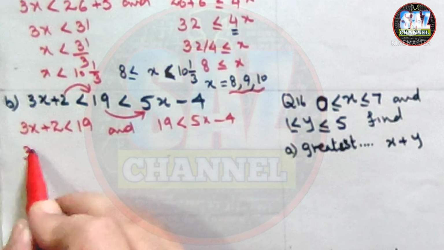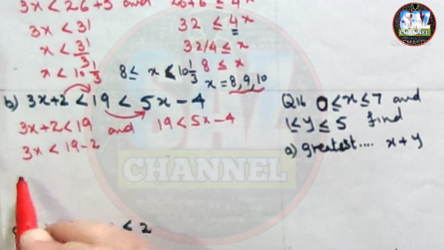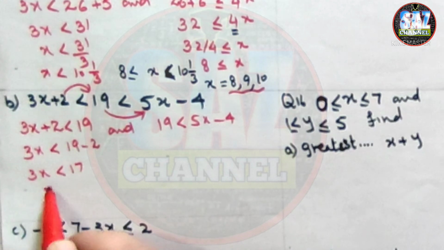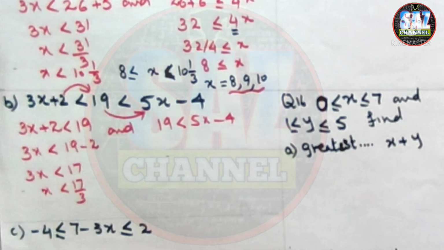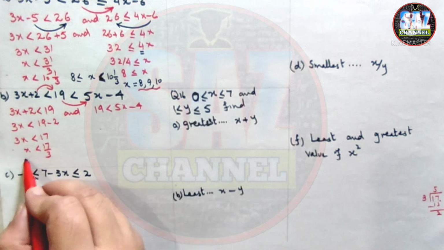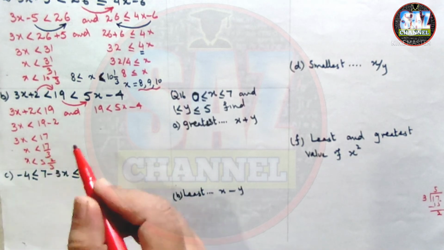And this is 3x is less than 19 minus 2, 3x is less than 17, x is less than 17 by 3, and 17 by 3 is 3 5s are 15, I'm left with 2, 5 whole 2 by 3. x is less than 5 whole 2 by 3.